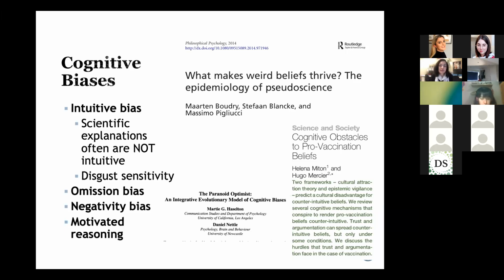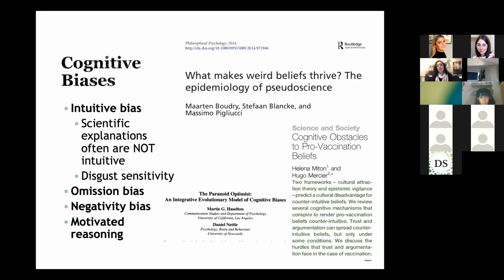within populations. Then we have the intuitive sense of disgust, which may be contributing to vaccine hesitancy. And another inspirational article from Haselton and Nettle looks at evolutionary perspectives on cognitive biases, applying error management theory, which simply suggests that under uncertainty, evolution should favor biases towards making the least costly decisions.